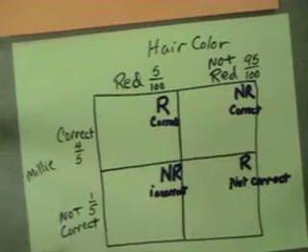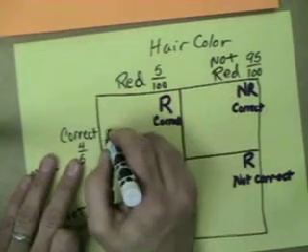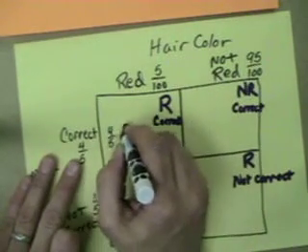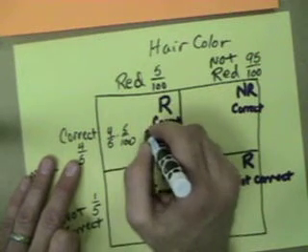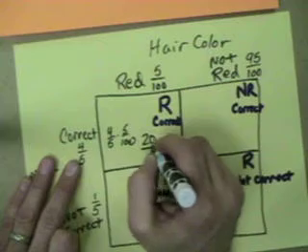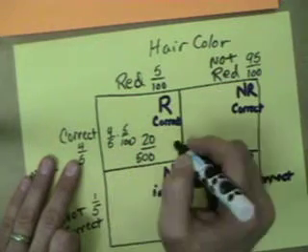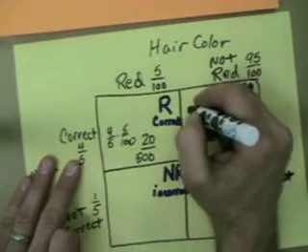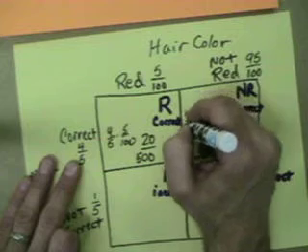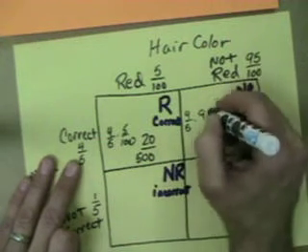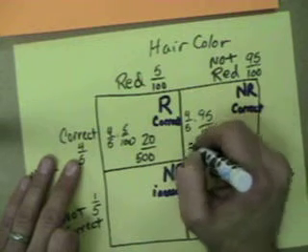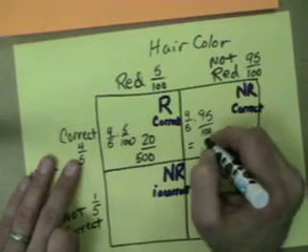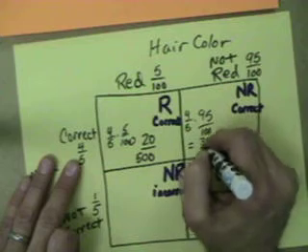Just a quick reminder of how we calculate that. This is going to be 4/5 times 5/100, which is 20/500. This one is going to be 4/5 times 95/100, which is 380/500.